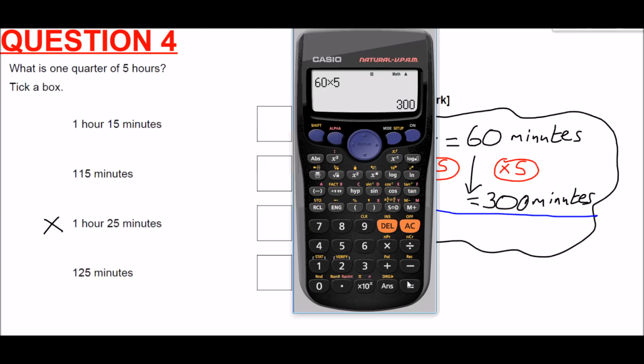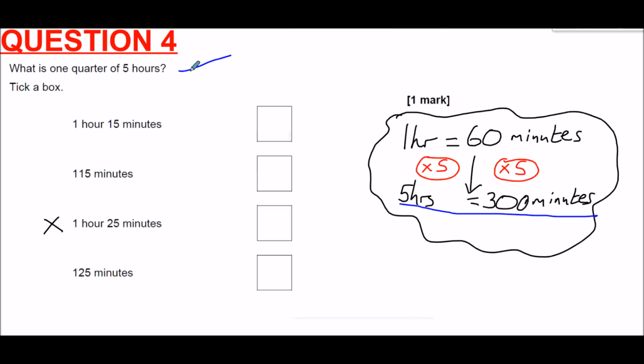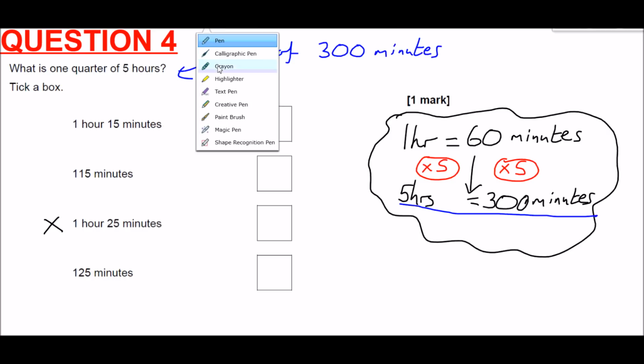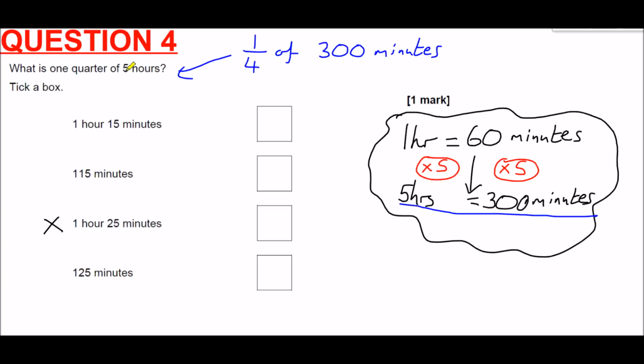And so 1/4 of 5 hours we can treat as 1/4 of 300 minutes, because 5 hours is 300 minutes. By converting to minutes first, it takes away a lot of the possible confusion.